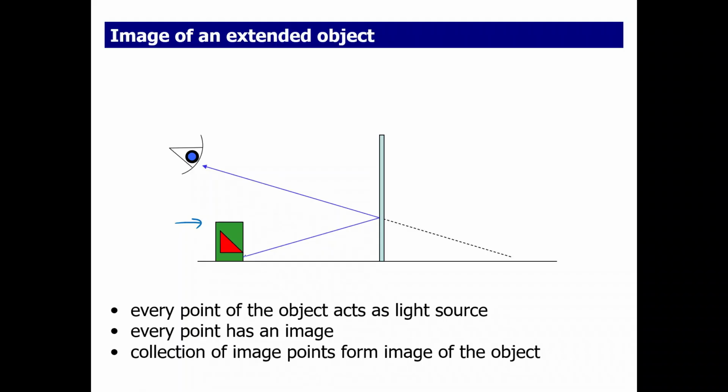So you take this little point right here, that little point right there is having a ray that is going to bounce off. Once again, it's going to bounce off at the same angle that it arrived with. And that point is creating an image. So that point is creating an image back here. Once again, you trace the ray backwards for these plane mirrors.